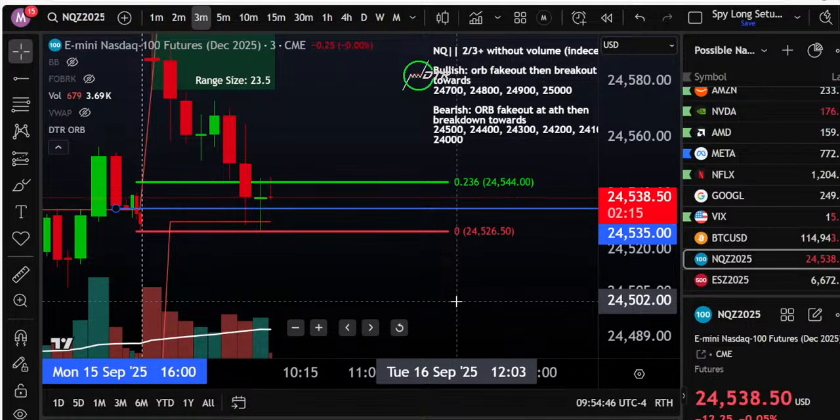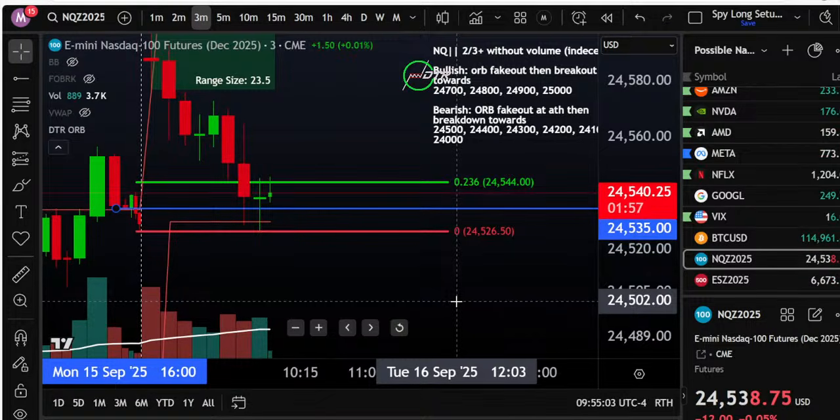So let's see. Again, base expectation here. Starting point I'm taking on every single trade, right, is it's going to be a fake out until proven otherwise. To say that I have trust issues is probably generous.